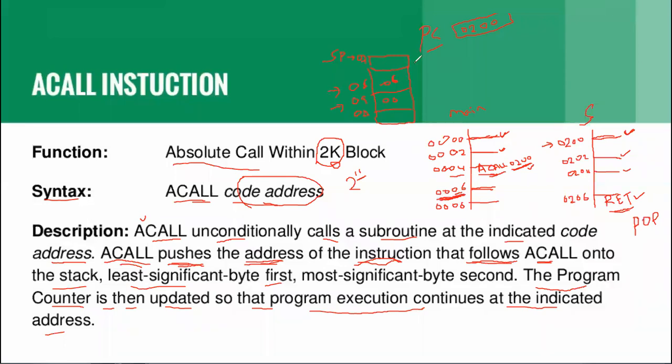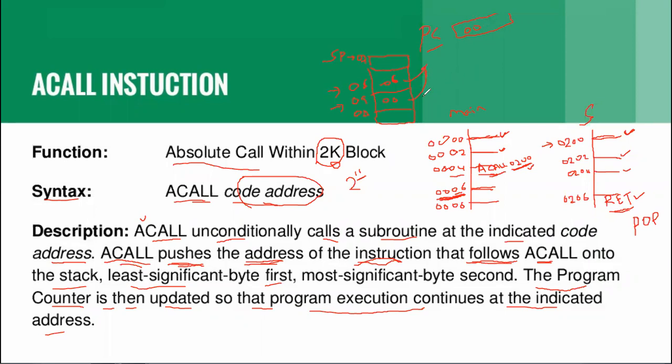This has been stored into the stack now. This will be loaded back into the PC register. So what will the PC register value be now? It will be erased, and then it will be loaded with 0006.